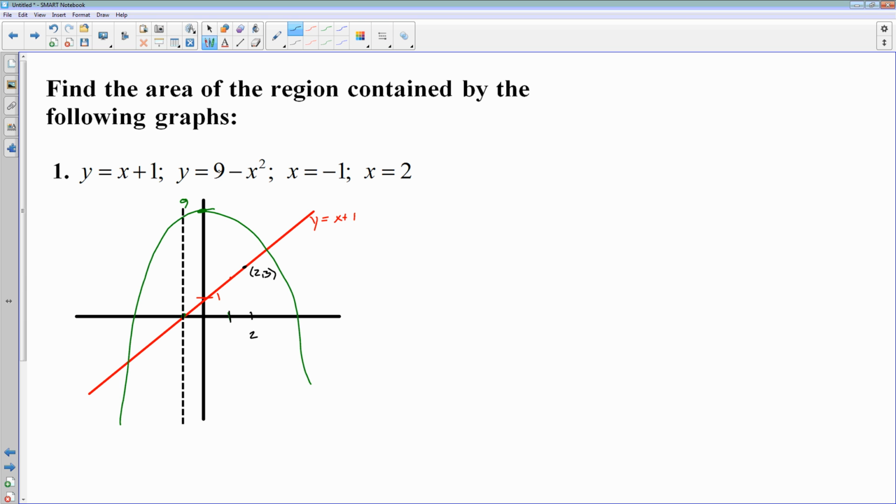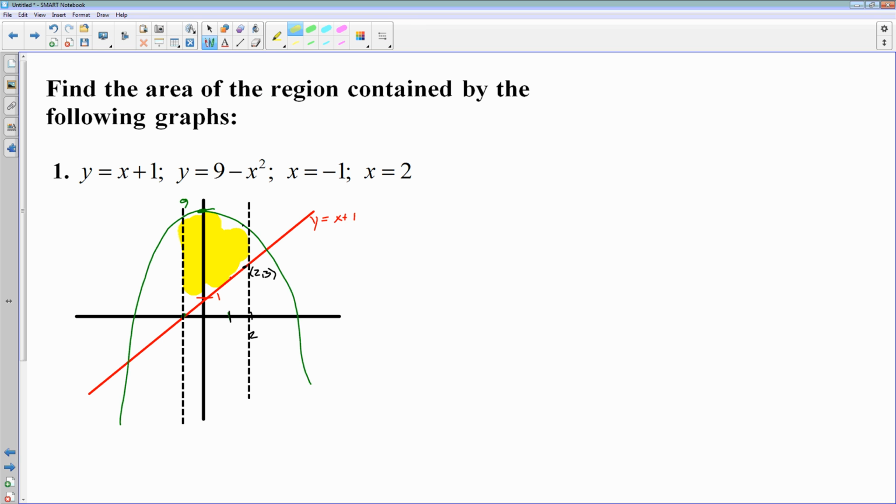If I plug 2 into this one, 9 minus 2 squared is 5, which would actually be above. So I know that 2 is going to be to the left of that intersection. So there's my vertical line x equals 2. Wow, that is way off the mark. There, x equals 2.